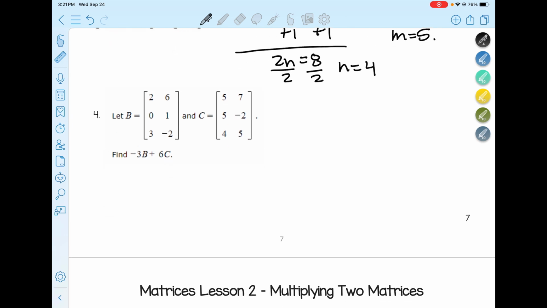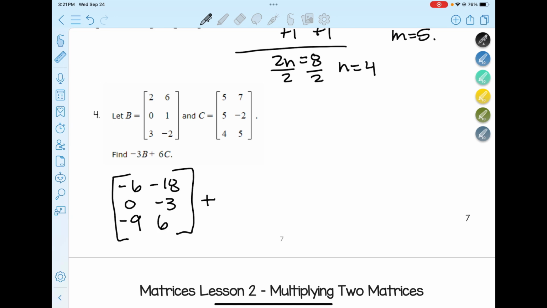Then for this last one on the bell work, number 4, I want to combine -3b plus 6c. So the first thing I'm going to do is multiply my first matrix by -3 to get -6, -18, 0, -3, -9, 6, plus I'm going to multiply the second one by 6 to get me 30, 42.